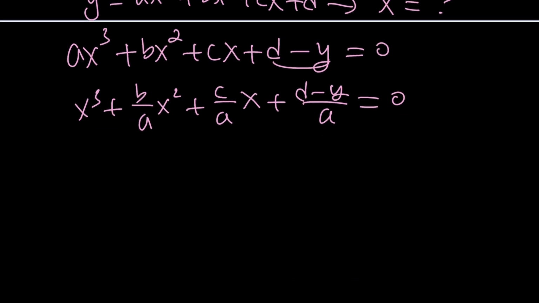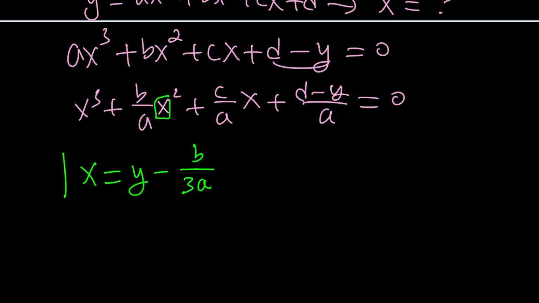And then we kind of need to use substitution, replace x with something so that we want to have a quadratic term, something with a square. That can be done by replacing x with something like y, or any other variable will do, minus b over 3a. That's the general approach.